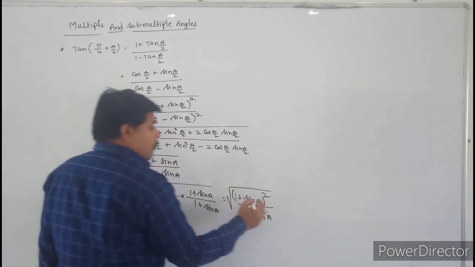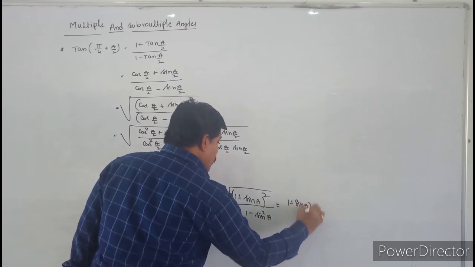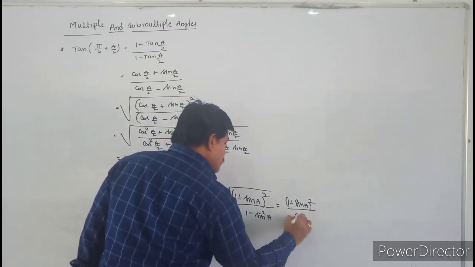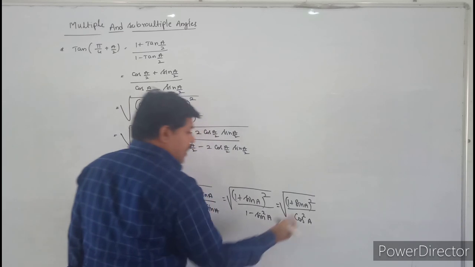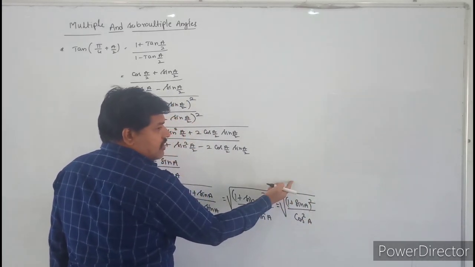So 1 plus sin A whole square by 1 minus sin square A, which is cos square A. Both values are squares, so I will cancel the square root.